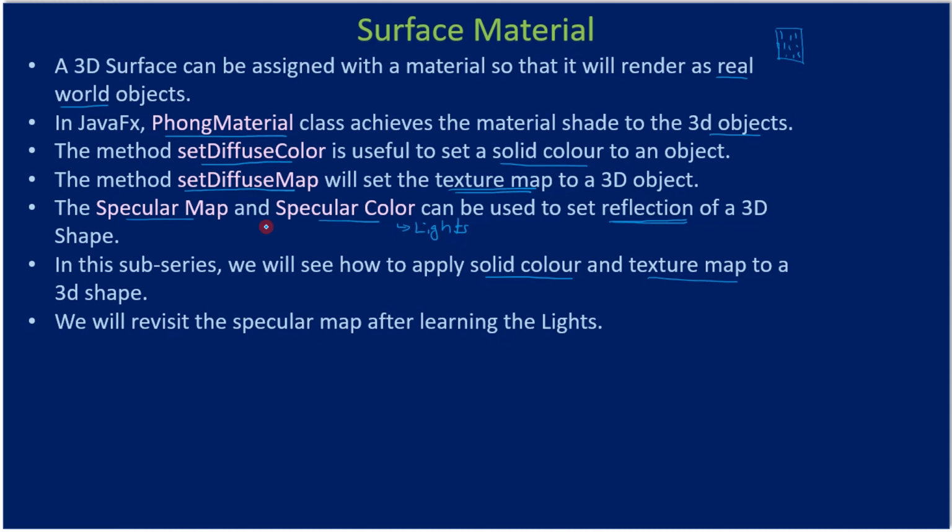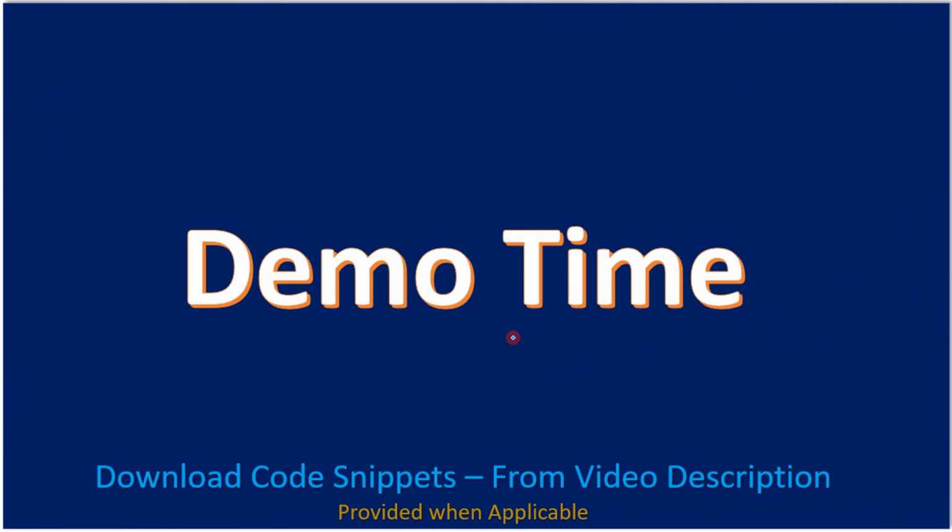We will revisit the specular map after learning the lights. That's all in this video. In the next video, we will apply a solid color material, and in the third video, we will apply a texture map to a 3D object.